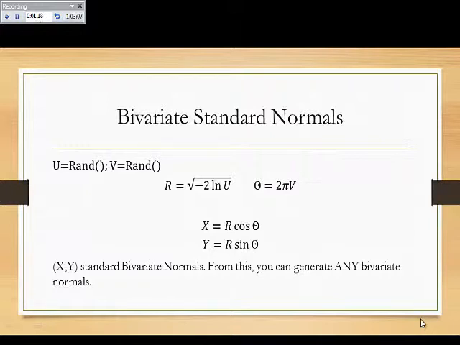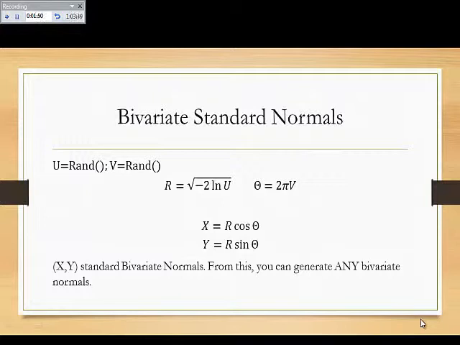Set x equal to r cosine theta and y equals r sine theta, and you have your bivariate normal. This bivariate normal will be mean 0, variance 1 and correlation 0. This will be the standard bivariate normal. And now once you have these, then you can generate any bivariate normal using the tricks that we have already discussed. So this shows you how to generate bivariate normals in Excel, without using norm S inverse.